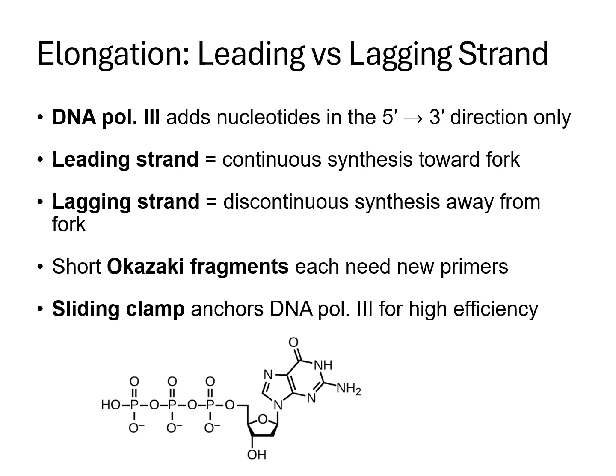Because DNA polymerase can only add nucleotides to the 3' end of a growing strand, one strand, called the leading strand, will be built continuously toward the replication fork. There will be, and I'll show you soon, another strand called the lagging strand that is synthesized discontinuously away from the replication fork.